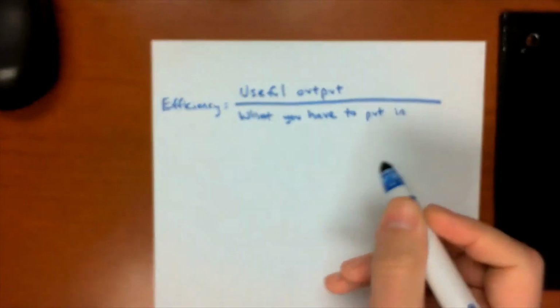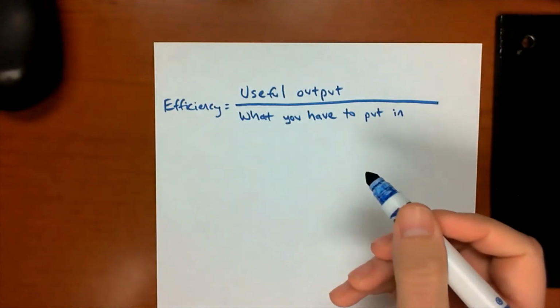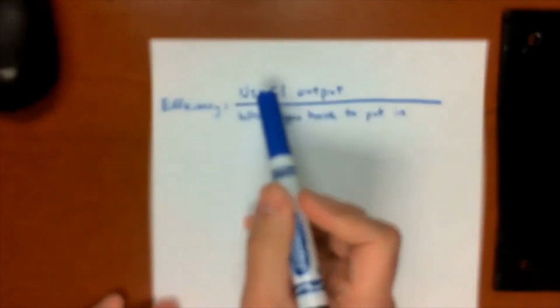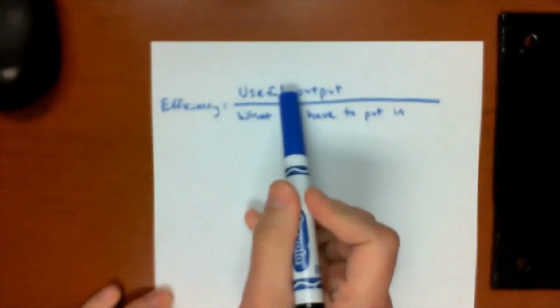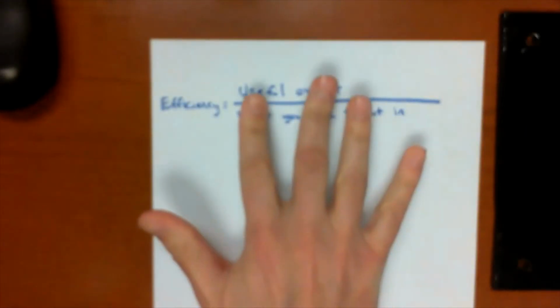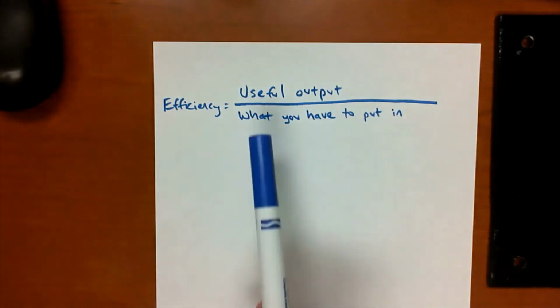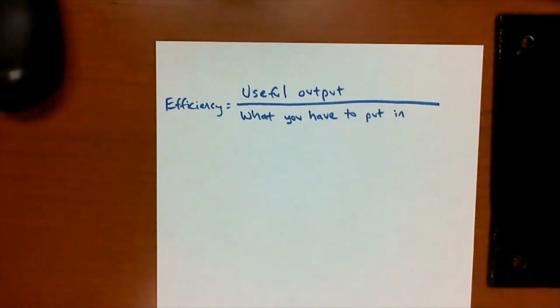All right, so let me give you another example. Let's say a light bulb. What's the efficiency of a light bulb? Well, what's the useful output? The useful output of a light bulb is light, right? It's photons. Sometimes this thing doesn't focus very well. That's what we want to get out of it.